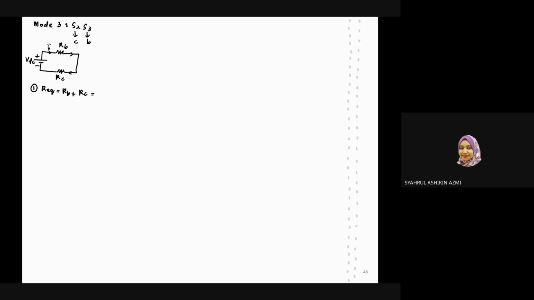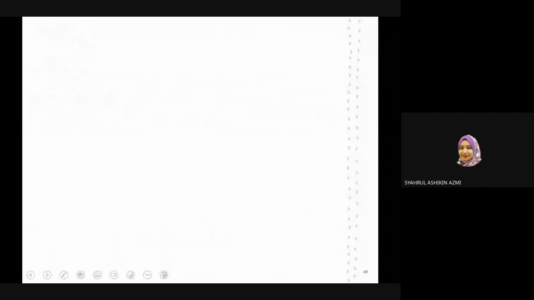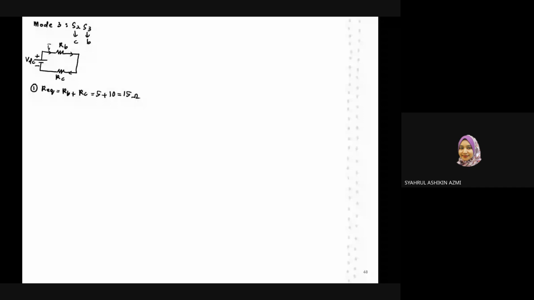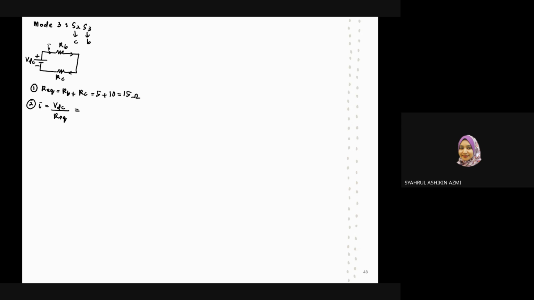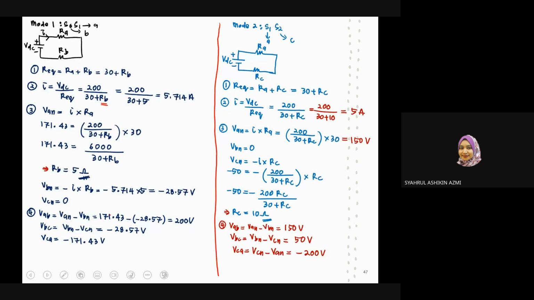Okay, RB 5, RC 10. So you get 15 ohm. Current is VDC over R equivalent. Your DC link voltage just now, is it 200 or is it 300? 200.